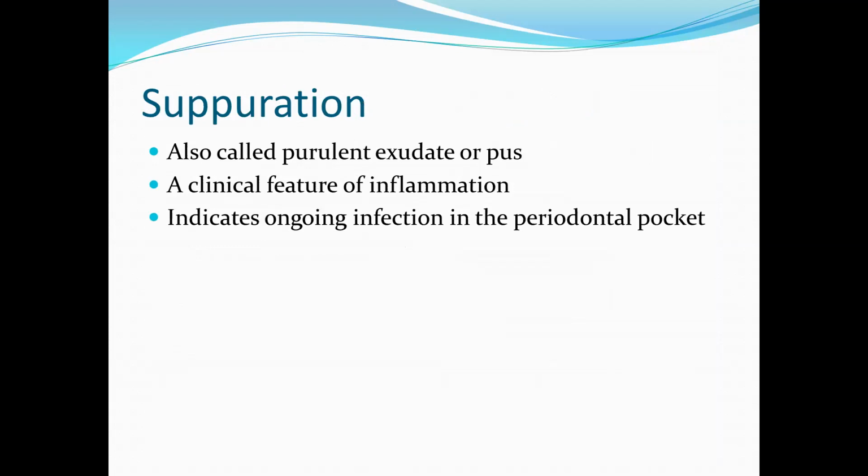Suppuration, is there any pus or purulent exudate? That can indicate an ongoing infection, but it doesn't indicate current disease activity. For the BANA testing, I put these strips in and tested to see if they have any red complex bacteria and all this other stuff, and it comes out negative.